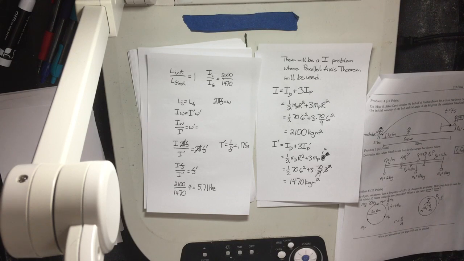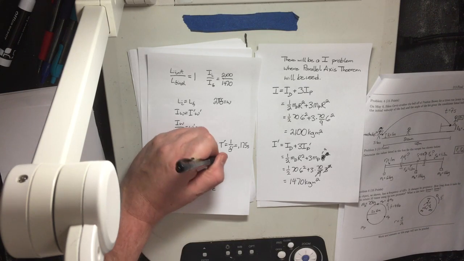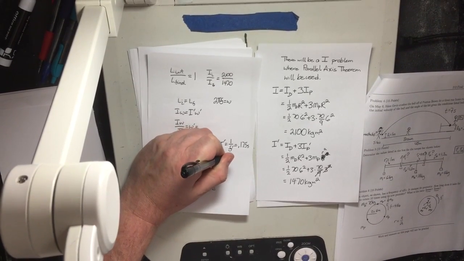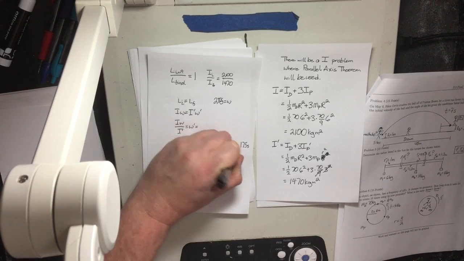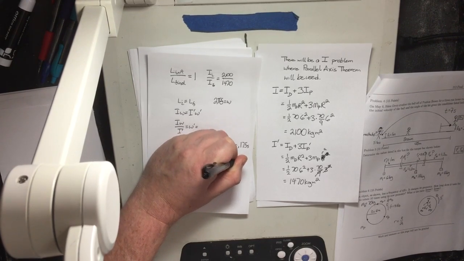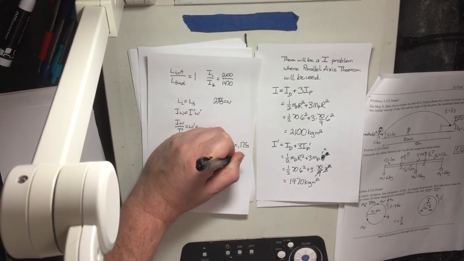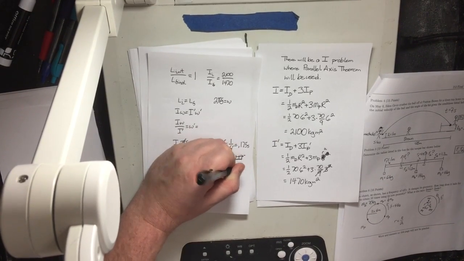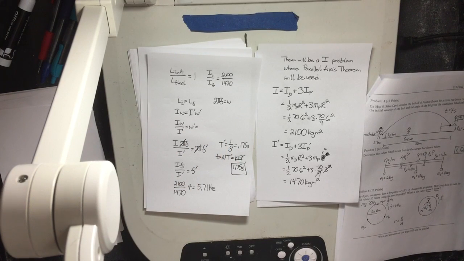I want to know how long it takes to rotate 10 times. Total time is the number of rotations times the new period. So 1.75 seconds, because 0.175 times 10 is 1 3/4 seconds.